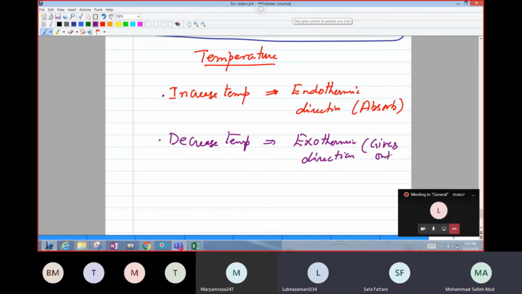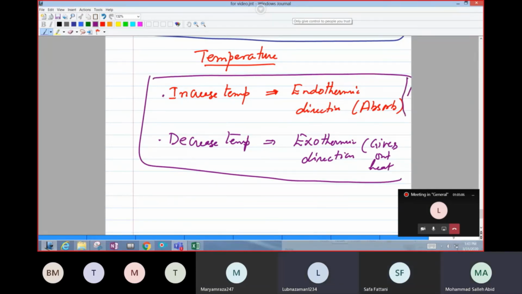We talked about this in the chapter for energy. So this is what you need to learn. If you decrease the temperature, then the reaction will want to increase it, right? Yes, and the way to increase it is to prefer the exothermic direction.